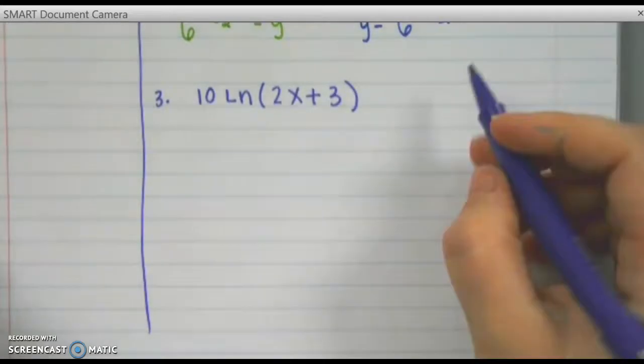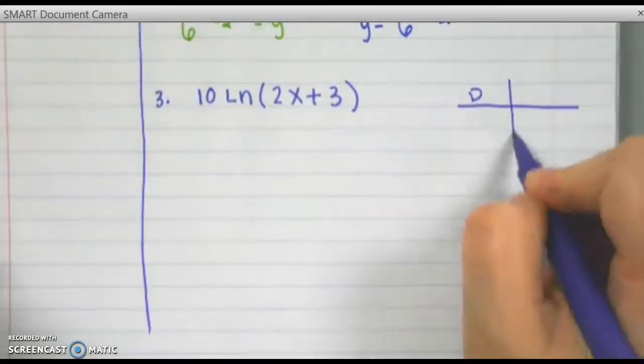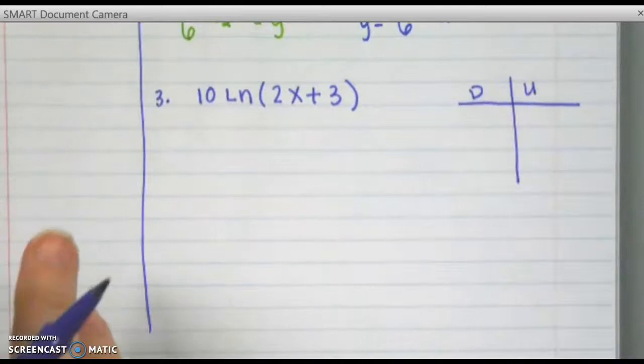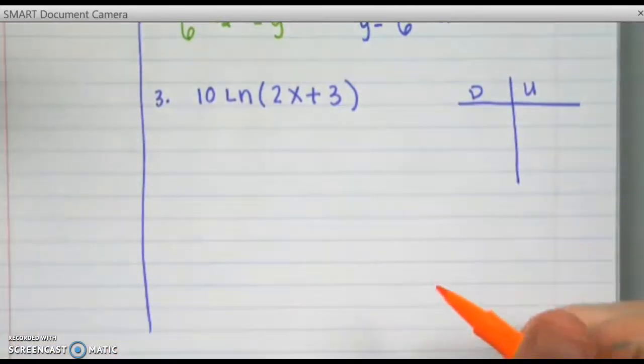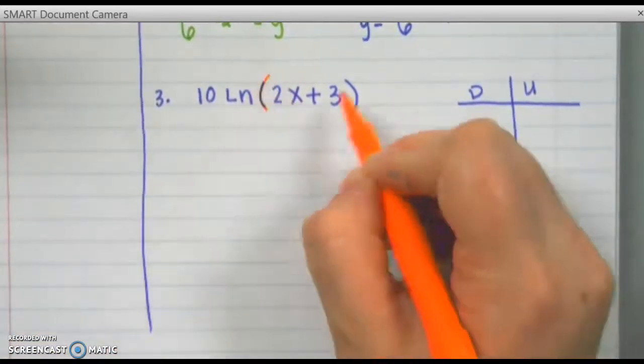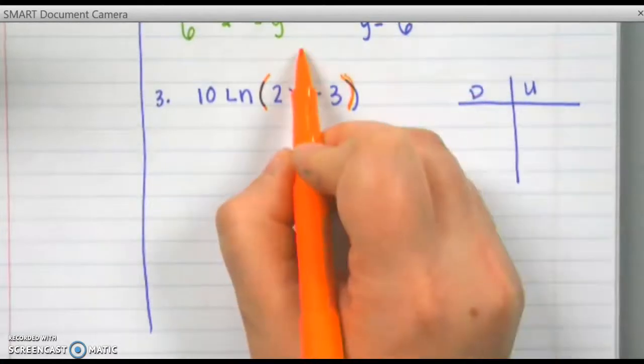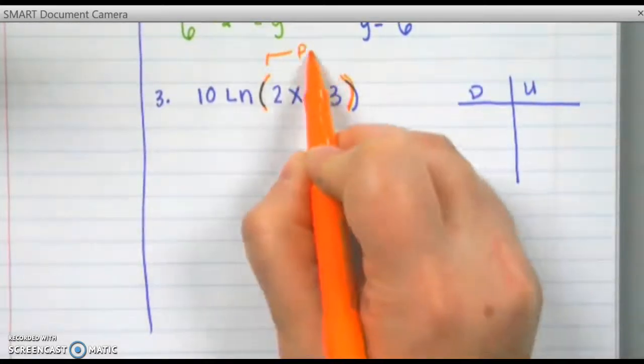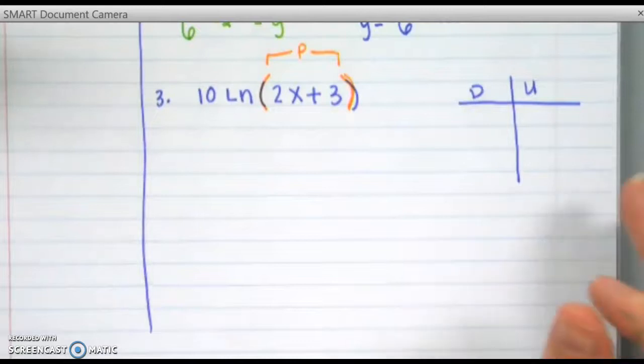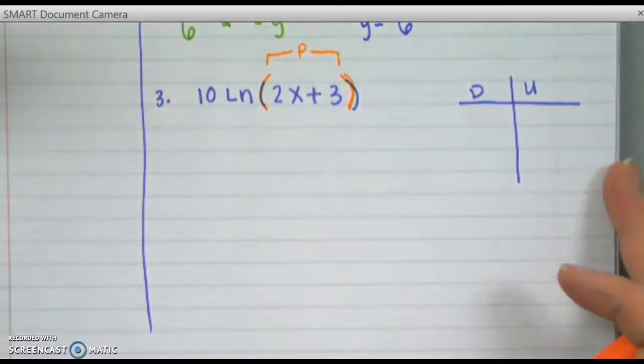All right, so my do-undo list. I do have stuff in parentheses, and I actually have quite a bit in parentheses. So I'm going to have to break this down because I have more than one operation inside of the parentheses.